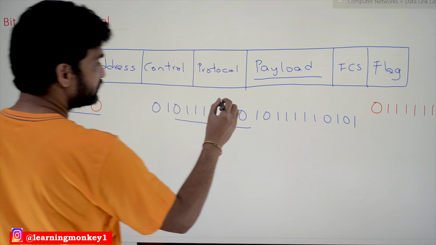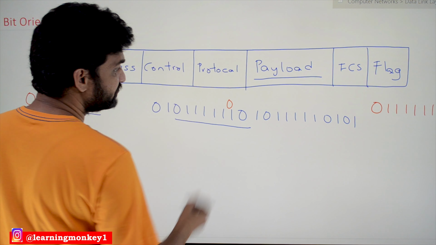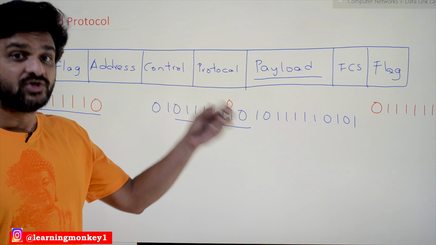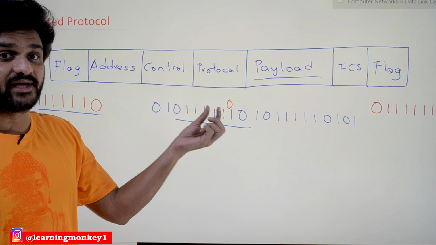The bit we are going to stuff is a 0. Even though the next following bit may be 1 or 0, we have to stuff an extra 0 bit.